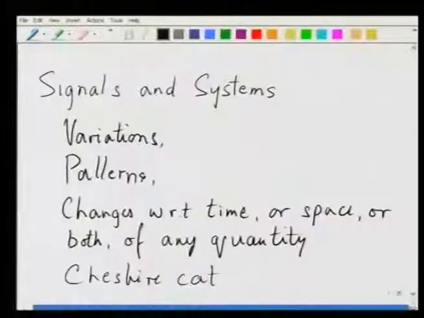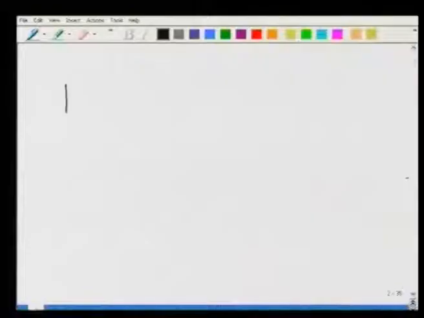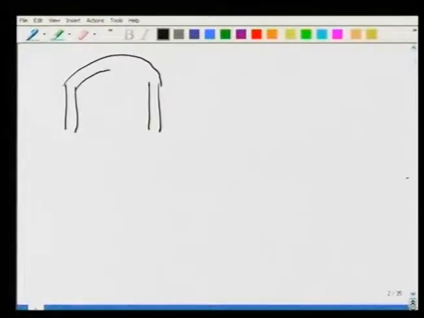Think of something else. Think of, let us say, an arch. Well, I suppose you all know what an arch means. An arch is any structure of this sort of a shape. Well, this is an arch.